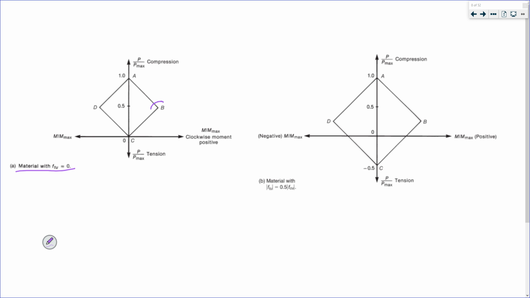We're going to look at points D and B. These are called balanced failure.